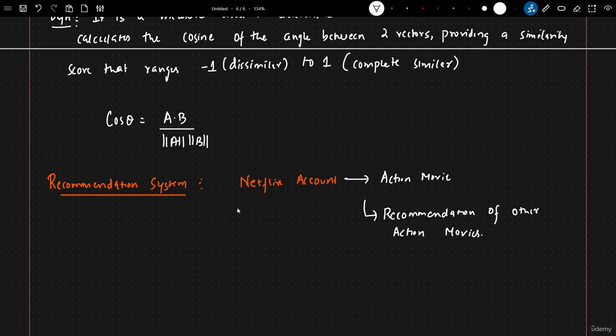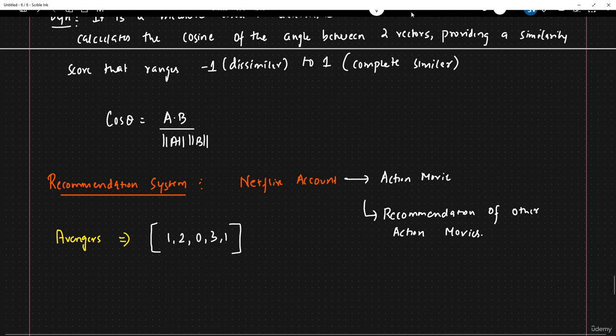Let's consider that you're seeing a movie called Avengers. Avengers is one kind of movie, and let's consider that Avengers is represented as a vector of 5 dimensions, with values something like 1, 2, 0, 3, 1. How is Avengers converted into a vector? It may be with respect to different parameters.